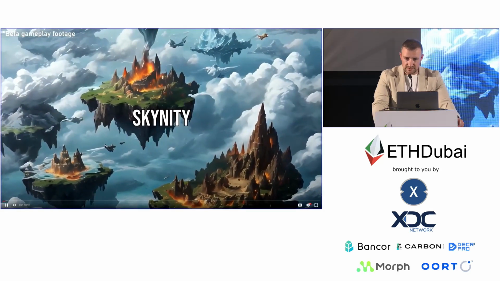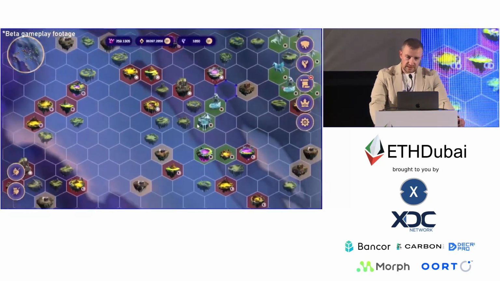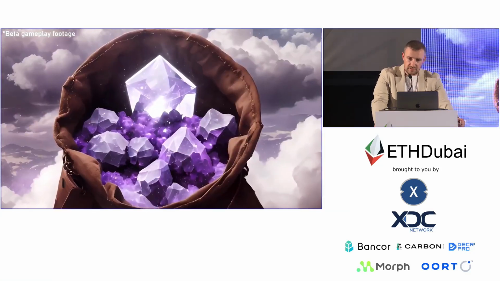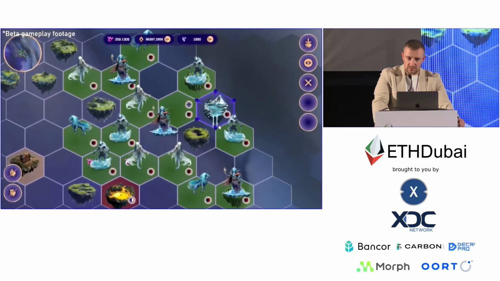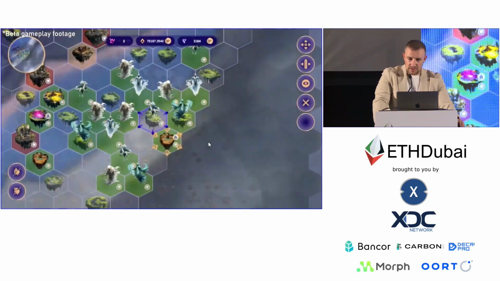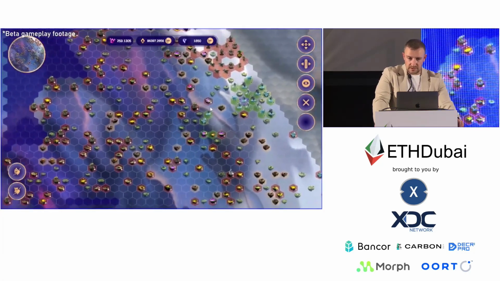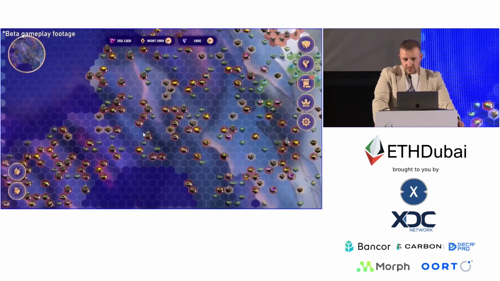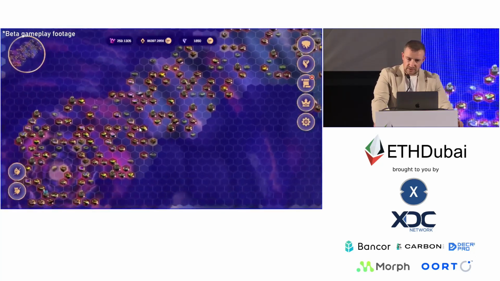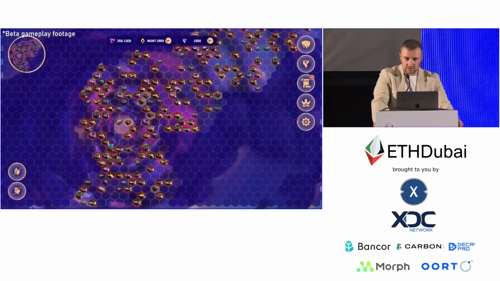So basically, Skynity is located in the skies, where thousands of players fight each other at once for a rare resource called Skydust. There are 4 factions: water, earth, fire, and air. You start at the edge of the map in your motherland and go towards the center, where you can find the most precious mines and portals.